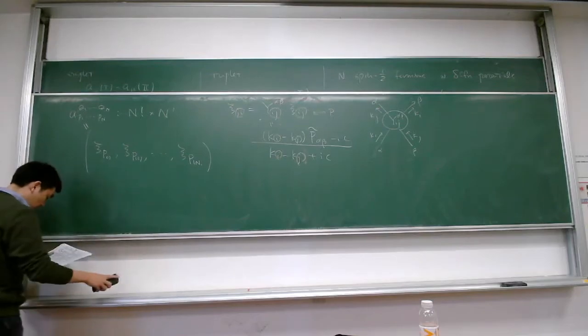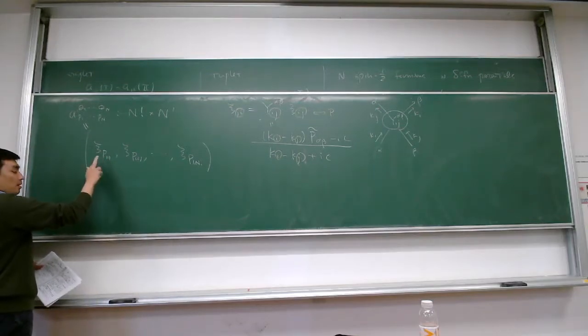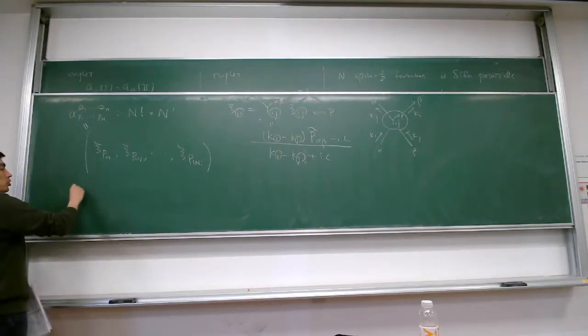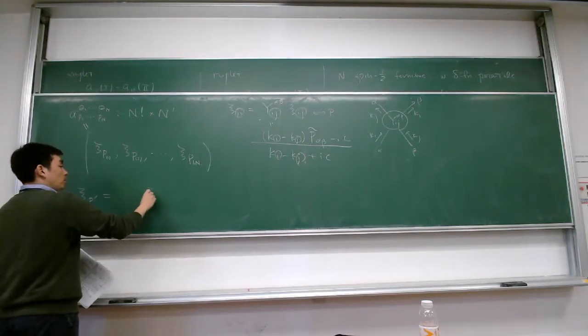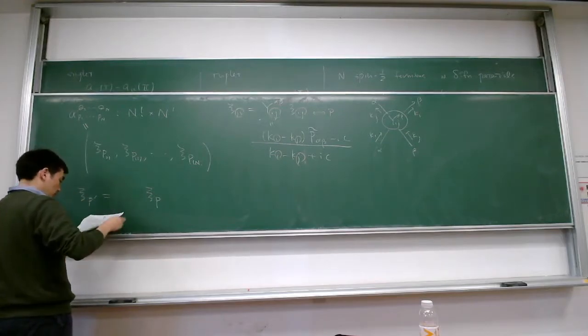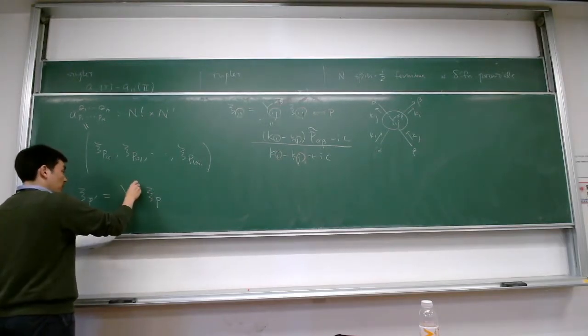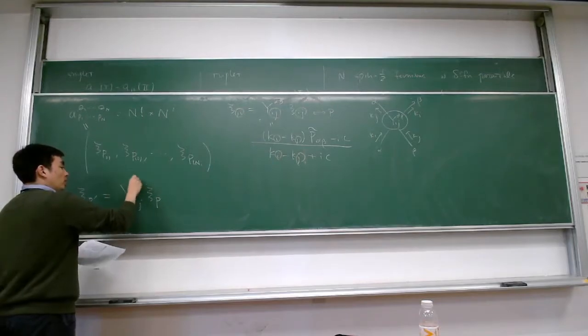Then if you change P by a permutation, P prime is related to P by this matrix Y, ij and alpha beta.